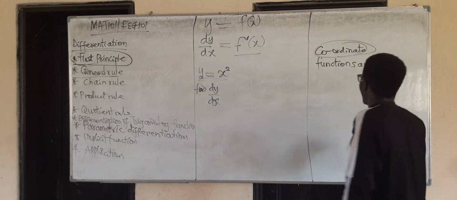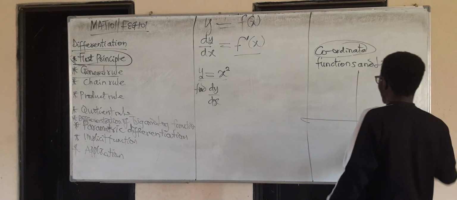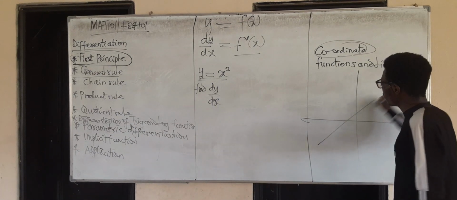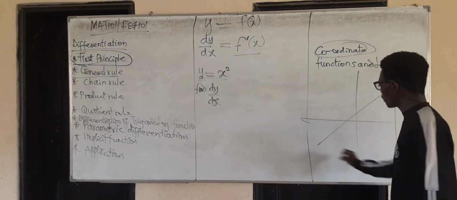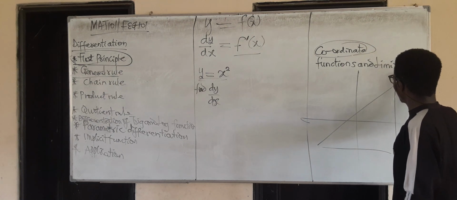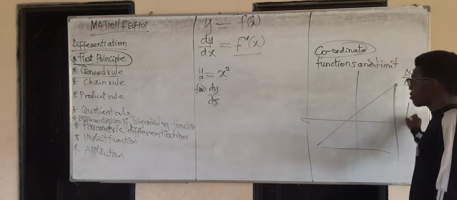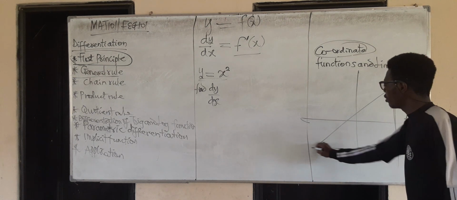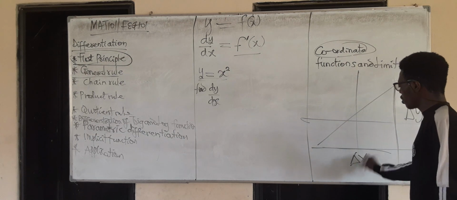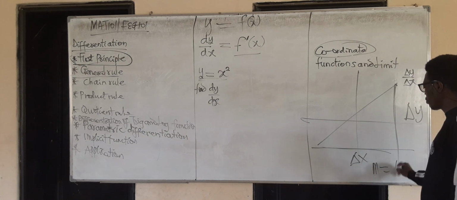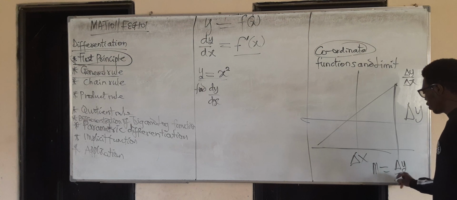For instance, think about the gradient of a straight line, where you'll be told to find change in y over change in x. On the vertical axis you have change in y, and on the horizontal axis you have change in x. That means your gradient m is equal to change in y over change in x.